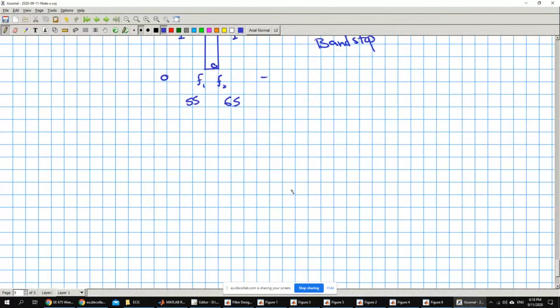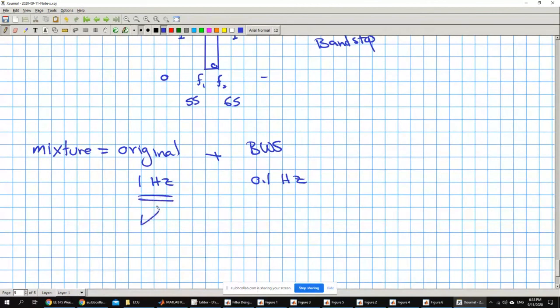Let me write it down here. You have the original signal, 1 hertz, plus an artifact, let's just call it the baseline wander signal, which is like 0.1 hertz. This is the mixture. If you want to preserve this one and remove that one, you need a filter that looks like this.